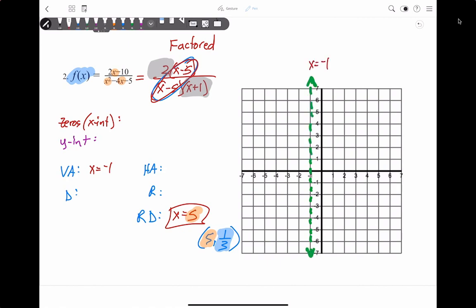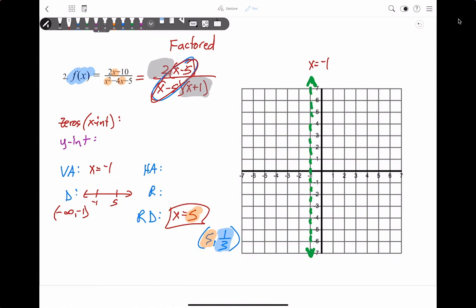And now the domain. The domain will exist everywhere except for this place and this place. So we want to say x's that are not -1 or 5. So we're going to say from -infinity all the way to -1, because at -1 and 5 these are the only places that it will not exist.